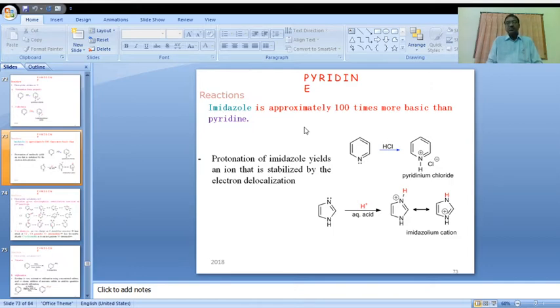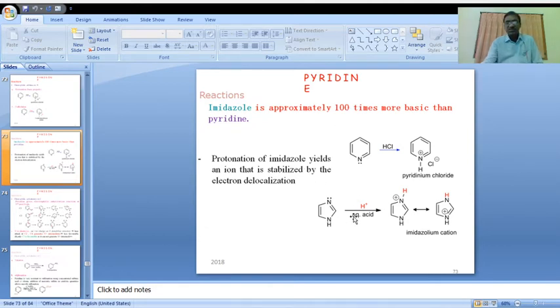We'll discuss it now. Imidazole is approximately 100 times more basic than pyridine. What is the reason? We will discuss with a suitable reaction and diagrams given below.